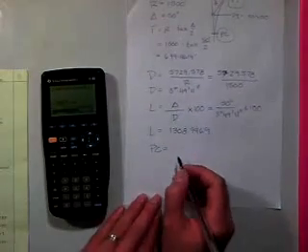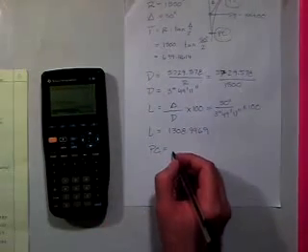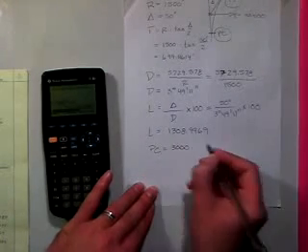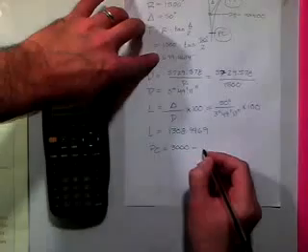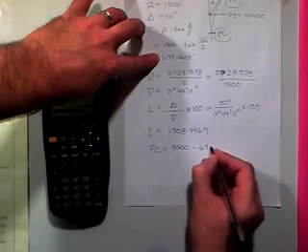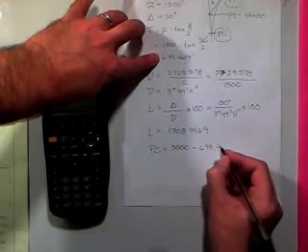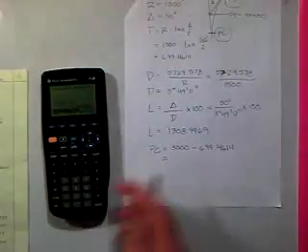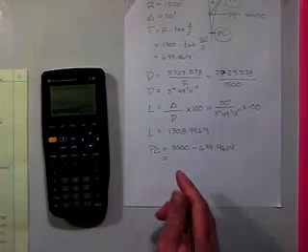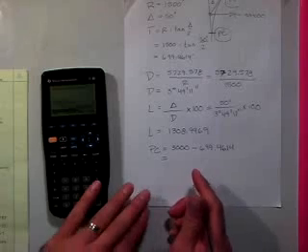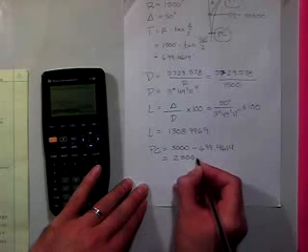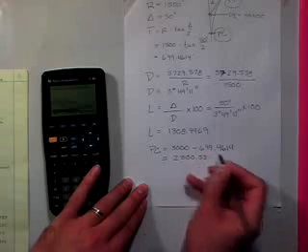So we do 3,000 minus our tangent length, and when we do that, we get 2,300.5385.